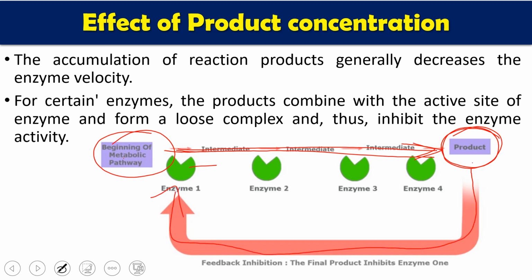The production of product is stopped by the product itself. The product itself works on these enzymes and stops their production. This is called feedback inhibition, where the final product inhibits the first enzyme of the reaction, so no reaction takes place.